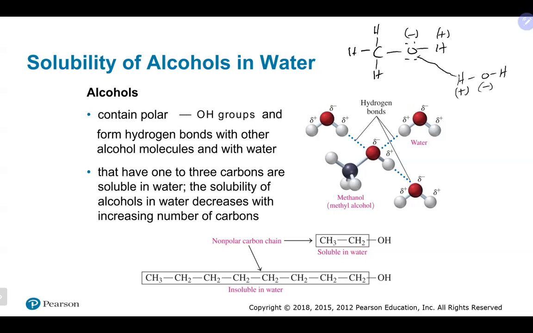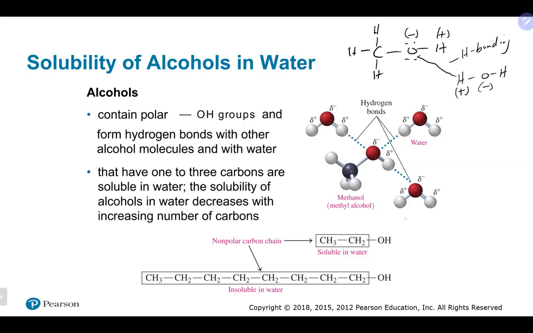And again, they're going to be doing hydrogen bonding here. That ability to hydrogen bond with water makes it very, very soluble. That means if you take something like methanol and mix it together with water, it will all mix and look like one layer. There won't be separate layers or anything like that, because they are very soluble.